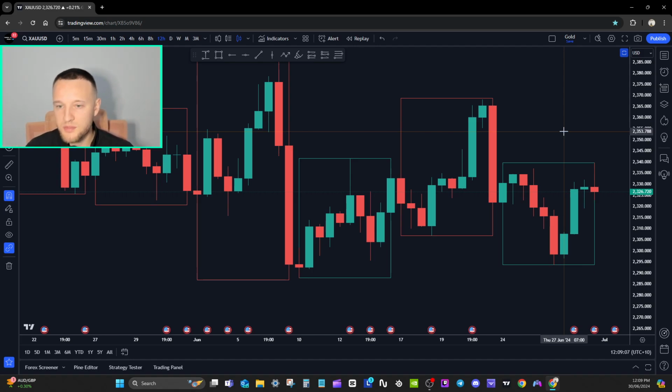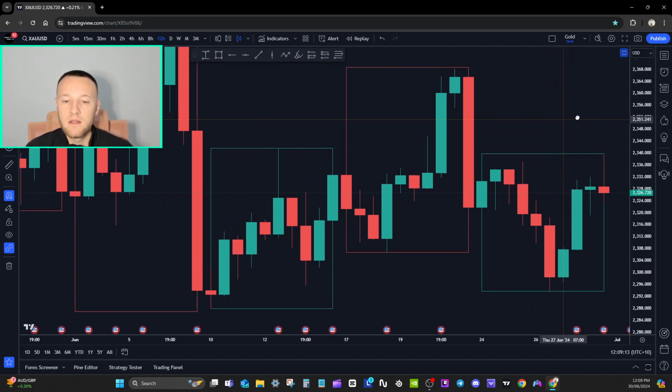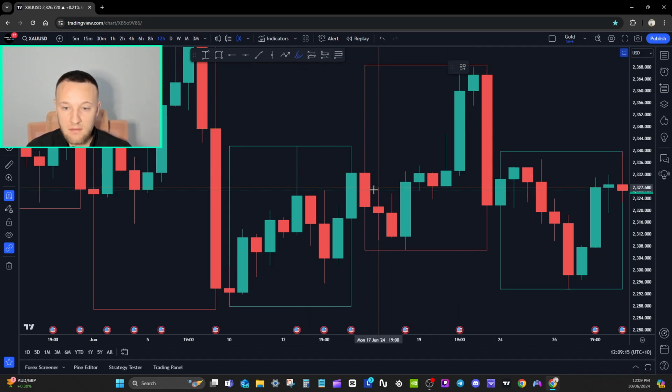I will say, after each day finishes, to reset, right? We're not looking at the second 12-hour candle of the day right here. So here is Tuesday, the second 12-hour candle closes bearish. So for Wednesday morning session, Asia session, we're not looking to continue sales. That's not what I'm telling you, right? What I'm telling you is each day resets, and you're going off of the first 12-hour candle closure, right?